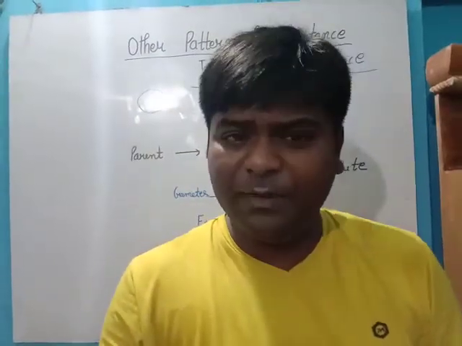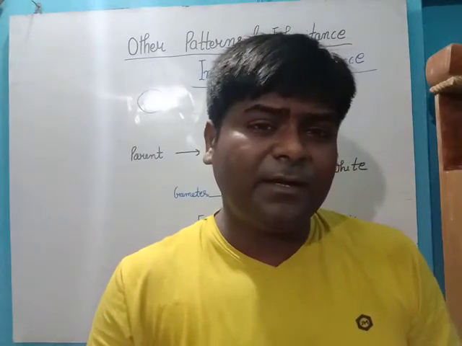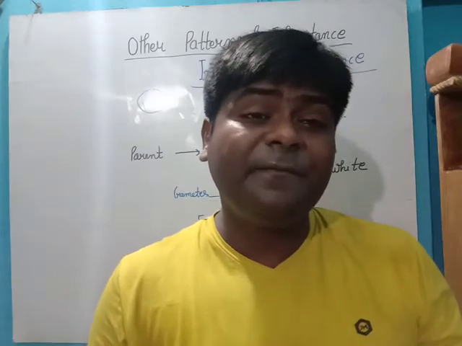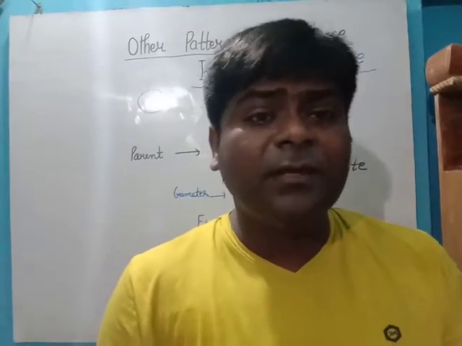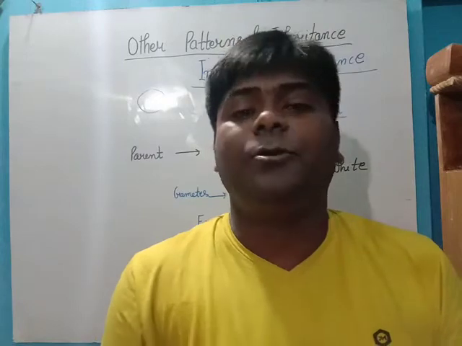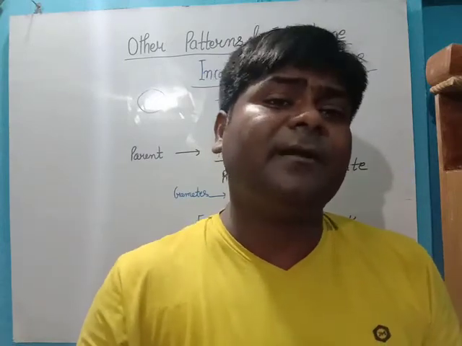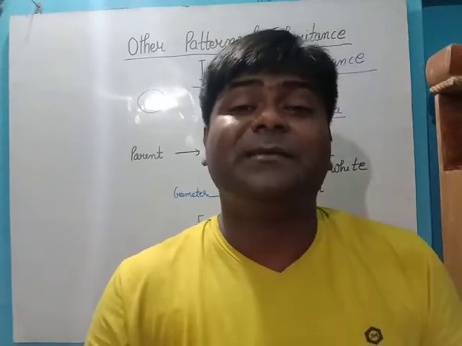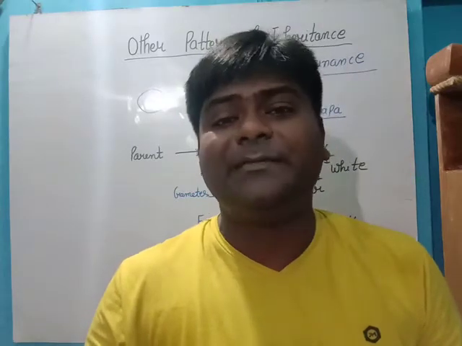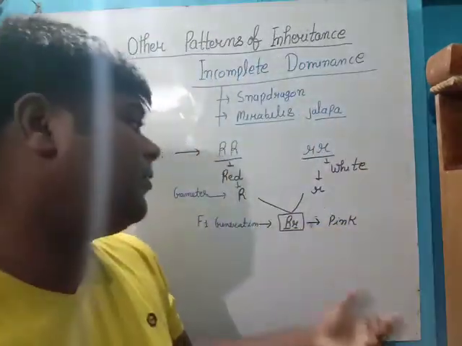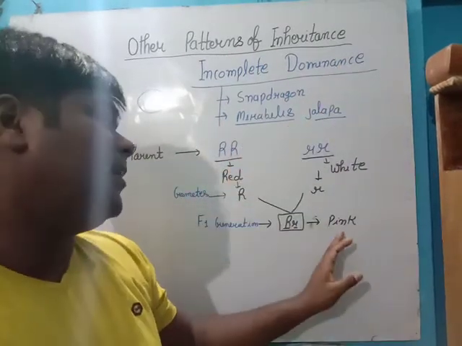Incomplete dominance, when we define it, is that in the presence of the dominant factors, they are not able to express themselves despite having dominancy. It means dominant factors are there but they don't express themselves. That is a presence of dominant but not expressing. That is what we call incomplete dominance.